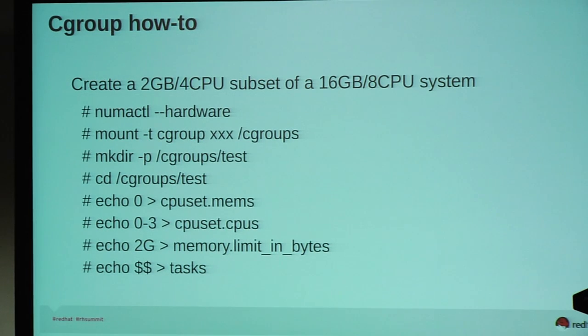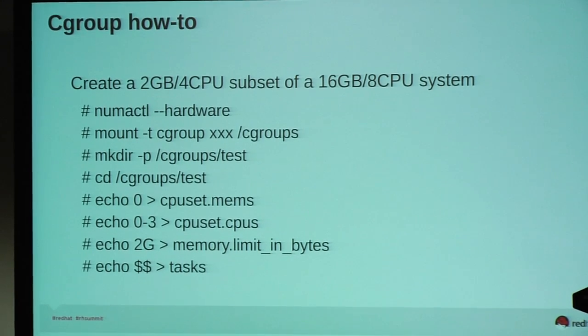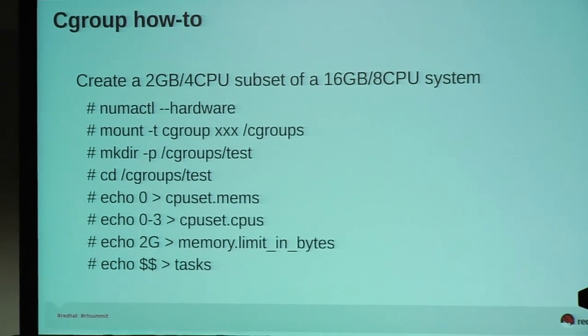So I basically mount the Cgroups. I go in and make my own little test directory, and by making this test directory, you create one of these control groups. Then you can go in there and echo or write into this file system to create your dynamic Cgroup.